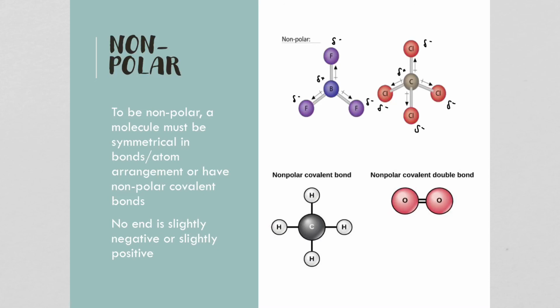So this is also nonpolar. These ones down here, methane, it has nonpolar covalent bonds, so there are no dipoles at all. Same thing with oxygen. They're equally sharing the electrons because it's a nonpolar covalent bond. It's a double bond. So no end is slightly negative or slightly positive for these ones. So these are all nonpolar examples.